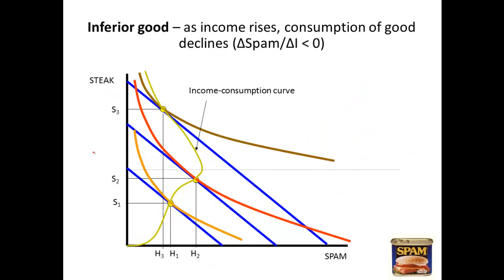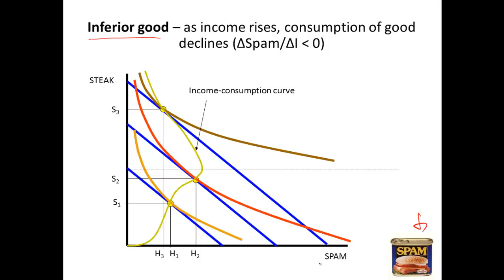Let's contrast the normal good with a good that we call an inferior good. And that's a good where as income rises, consumption of the good declines. So the traditional economist lore story about inferior goods is that Spam, this unhappy product here, is an inferior good.